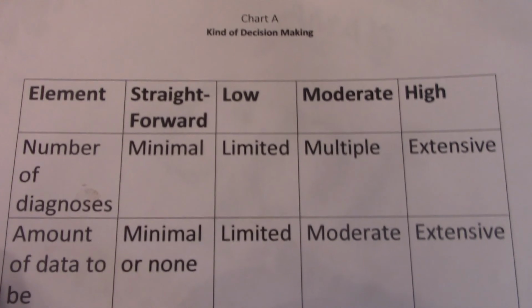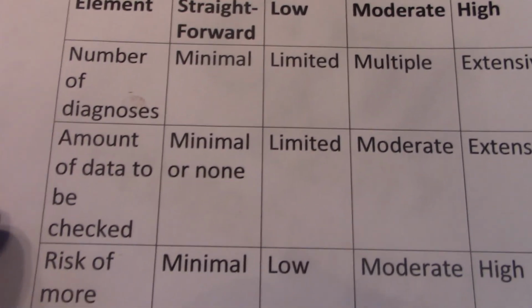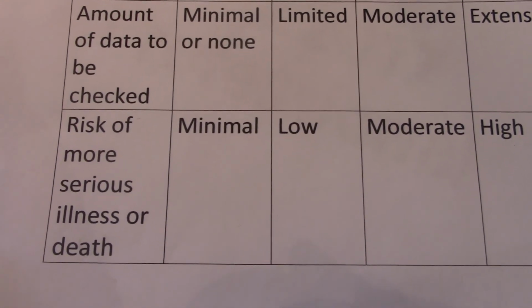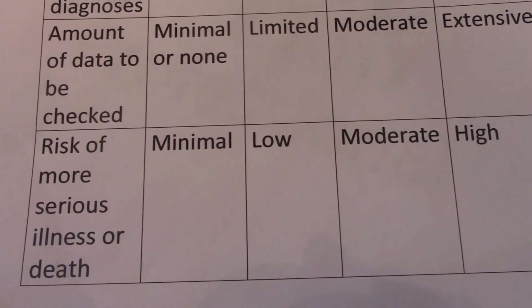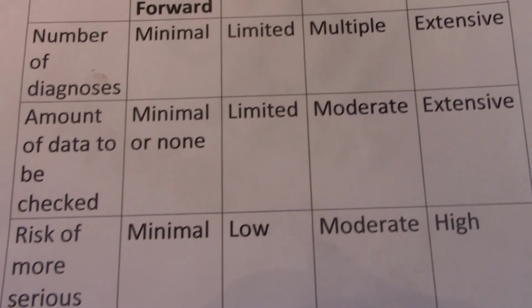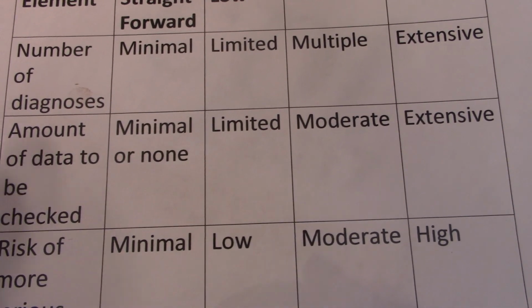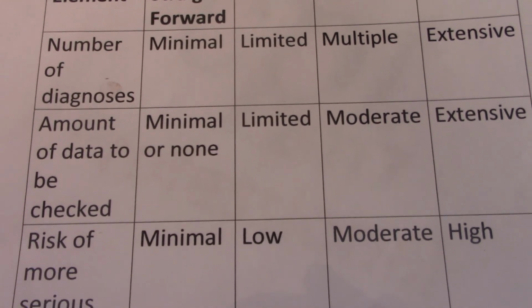For example, as I stated earlier, the number of diagnoses, the amount of data to be checked, and the risk of more serious illness or death. Okay? So in order to accurately select the kind of medical decision making, all three of the items found on your y-axis need to be considered individually.